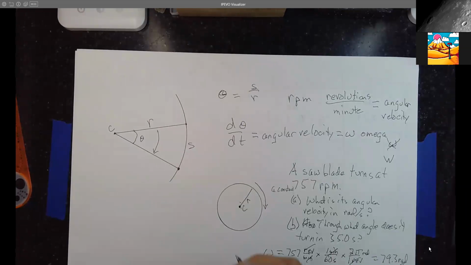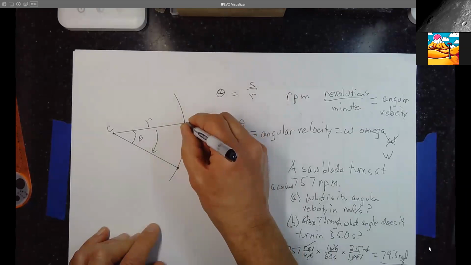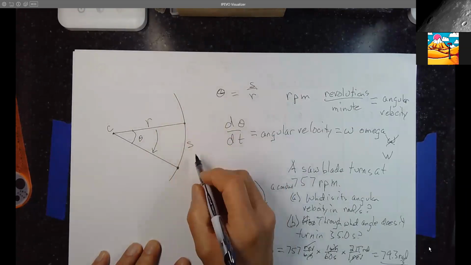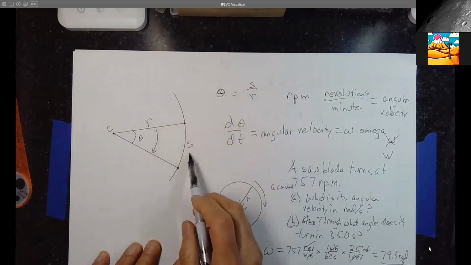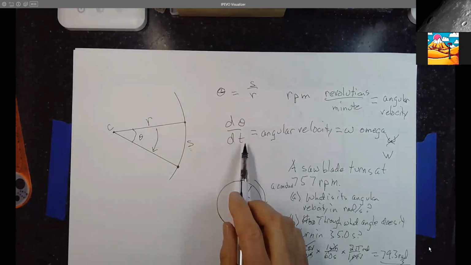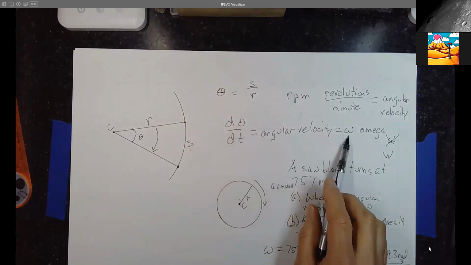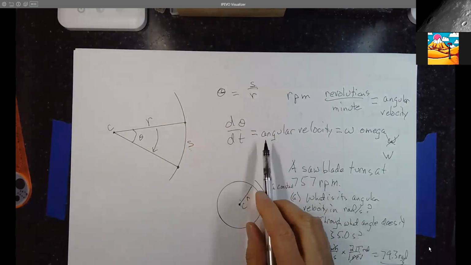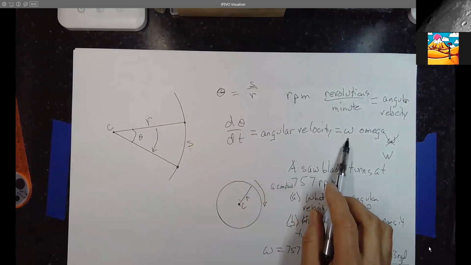Now, a point that's on the outer rim of this thing is going to travel a distance s in a particular time. And when I introduced the idea of angular velocity, I did d theta dt just equaling what the angular velocity is.